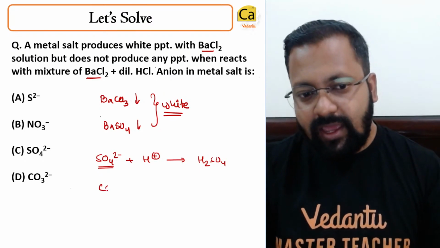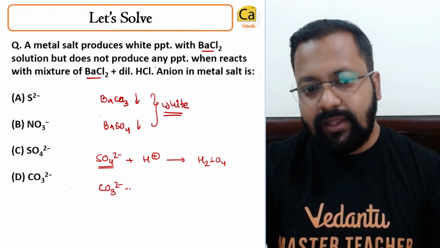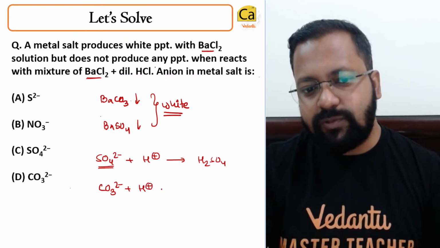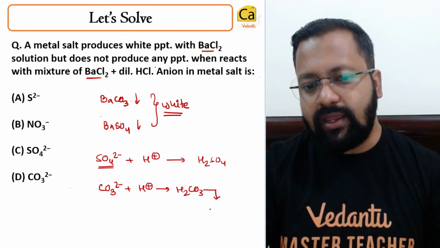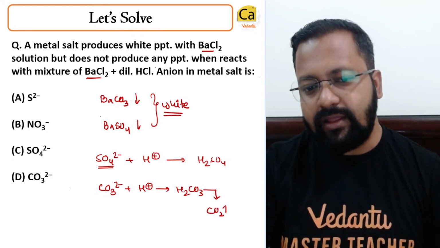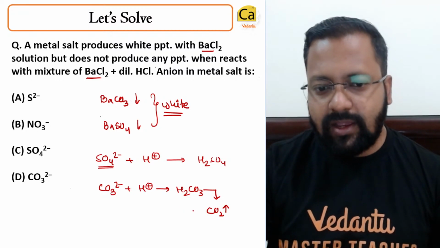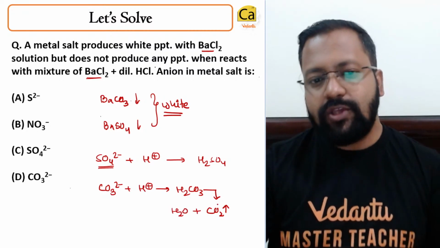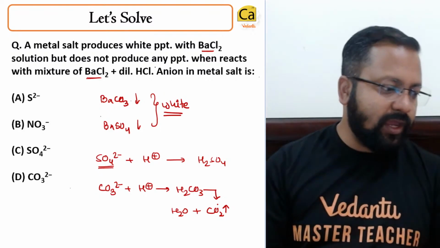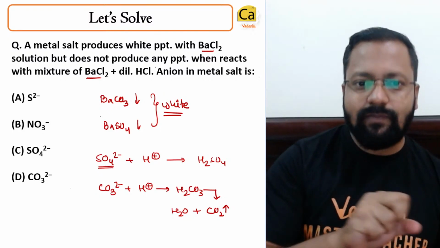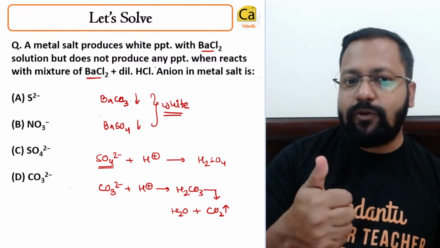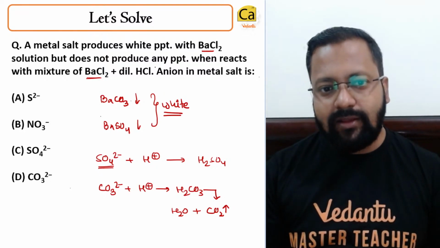However, if you take carbonate, carbonate will react with H plus, will turn into H2CO3, which will spontaneously decompose to give carbon dioxide and H2O. So the question is this: with barium chloride alone, we got a precipitate.